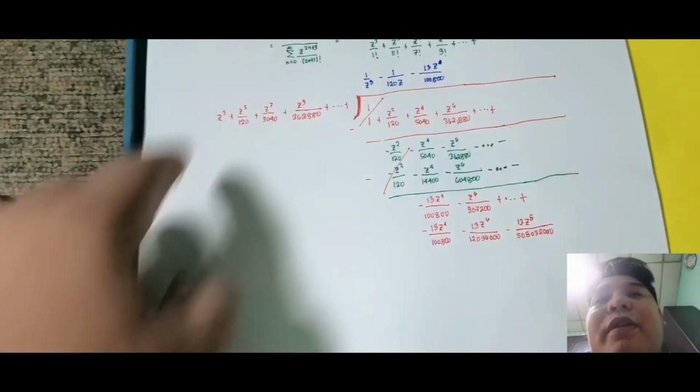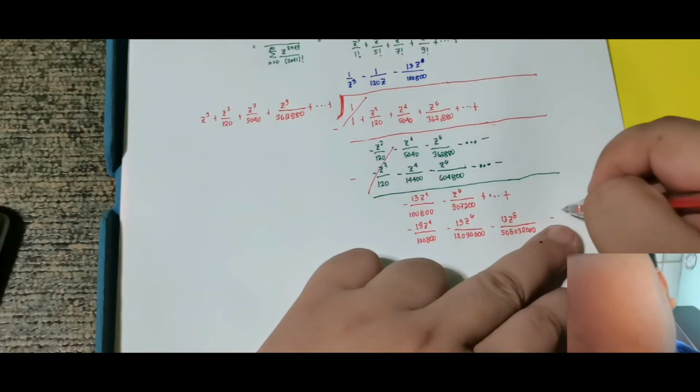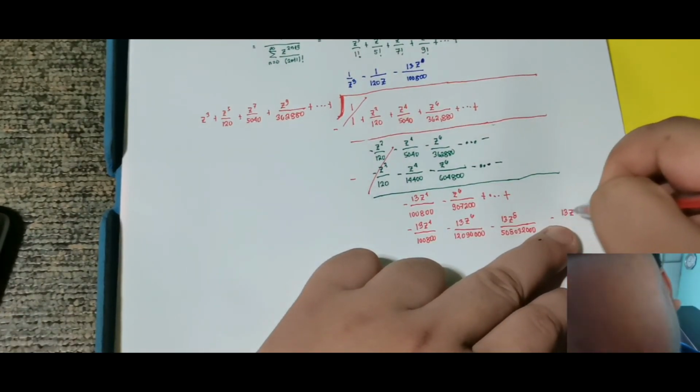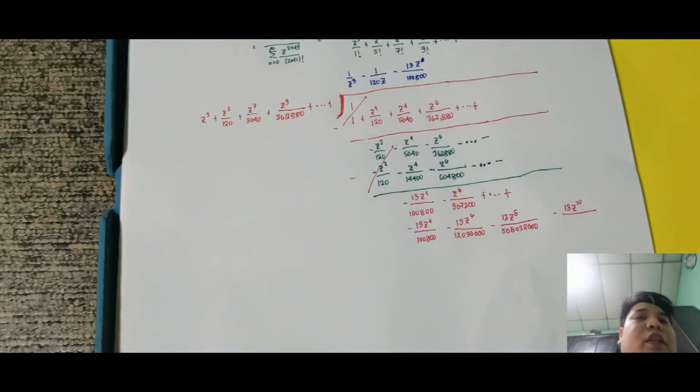Okay, then lastly, multiply natin. This is negative 13 z to the 10. Tapos multiply ulit natin. So 100,800 multiplied by 362,880. So medyo marami na to.